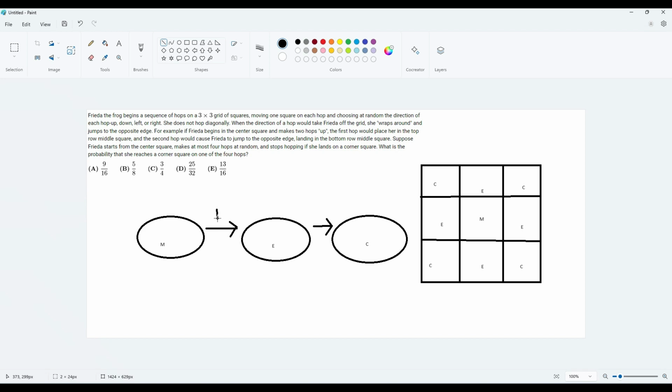It makes sense because Frida always goes straight from the middle to the edge. Now the probability that the edge Frida is on goes to the corner would be 1/2, because it's always going to be surrounded by 2 edges and 2 corners. So let's draw that here: 1/2 to get to the corner.